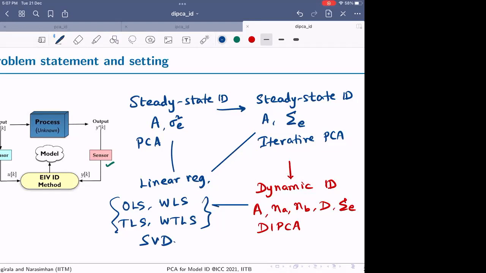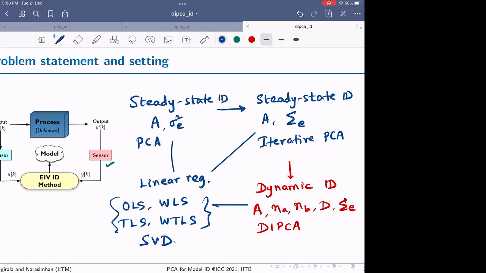And when we transited from the steady state homoscedastic case to the steady state heteroscedastic case, we also noticed that an additional criterion has to be satisfied, which is that of the identifiability criterion, which essentially says there has to be sufficient redundancy in your data to be able to identify both A and sigma E. Whereas with the homoscedastic case, it is just about redundancy.